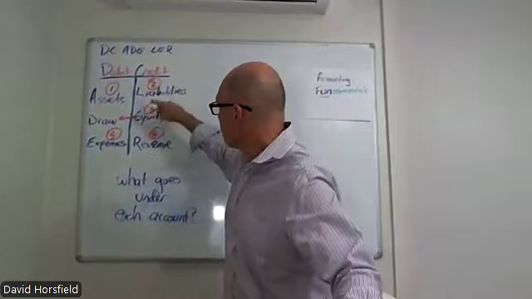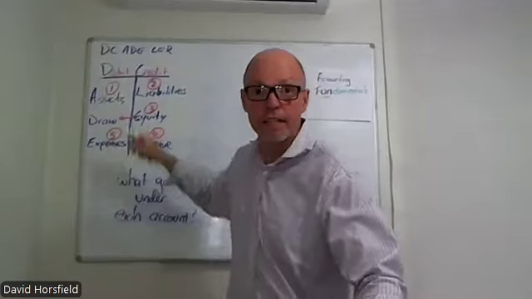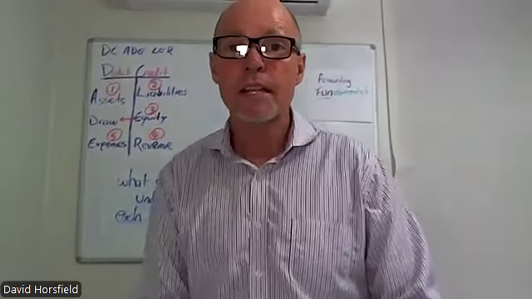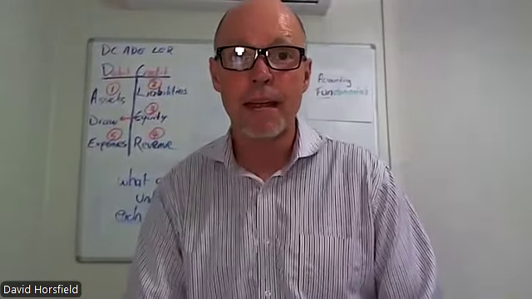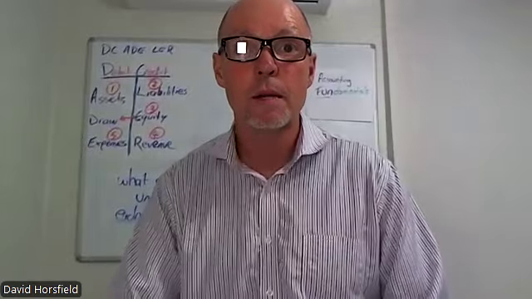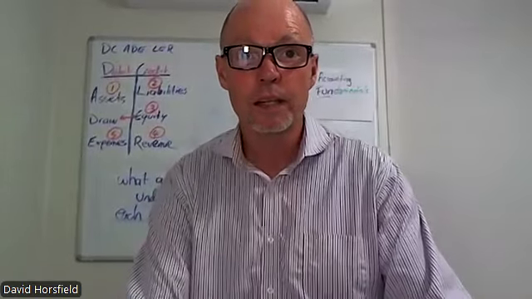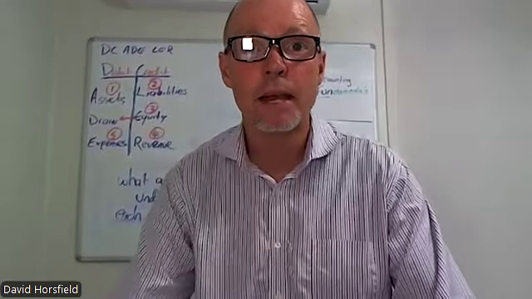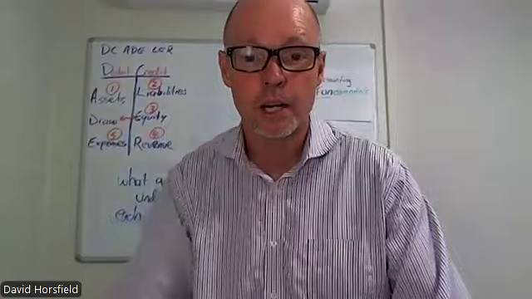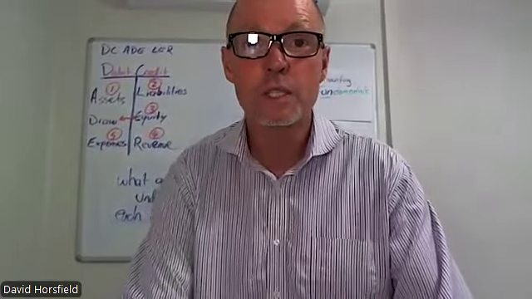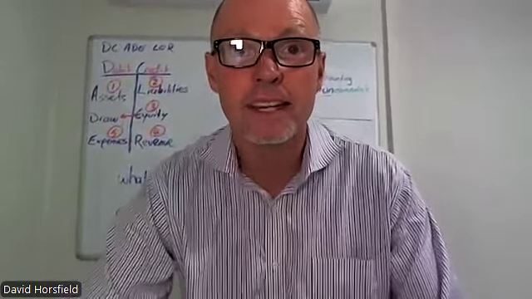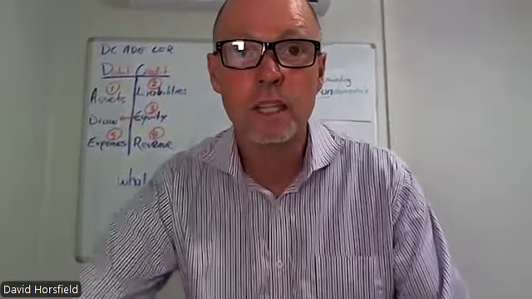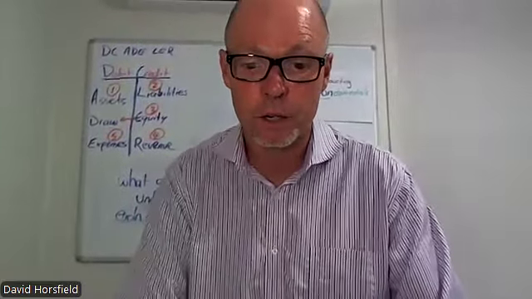Under expenses, 1, 2, 3, 4, 5 in the DC ADE LER structure, expenses are the things that we have to spend money on in order to keep our business running. So if you look in the class packet, it says rent. It makes sense that we've got to spend money on rent to be able to generate income as revenue. Utilities, we need the cost of gas, we need the cost of water. We need to spend that money in order to make money.